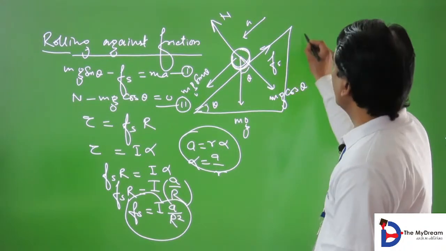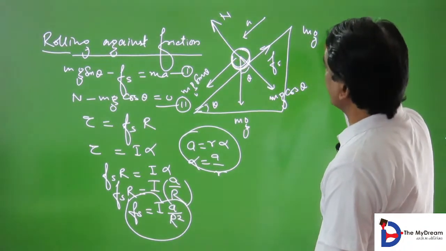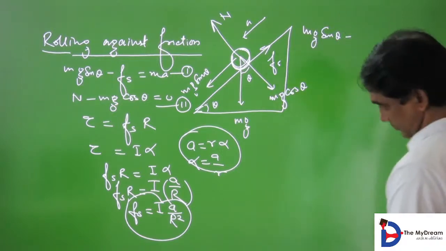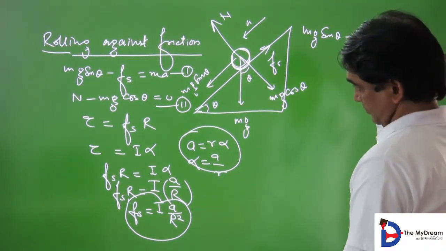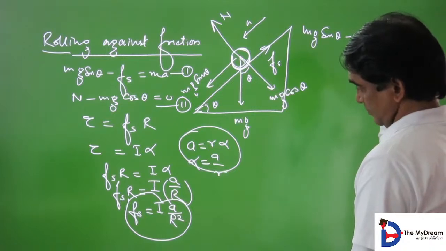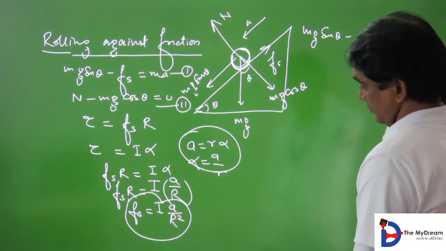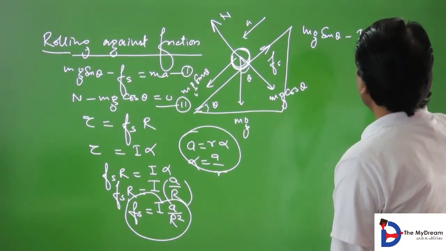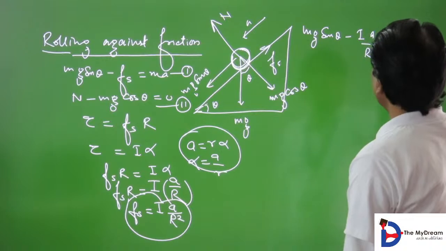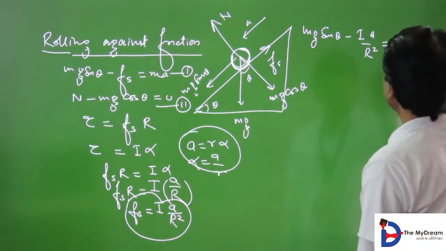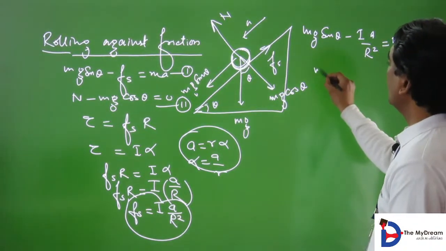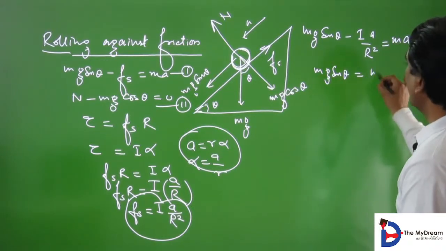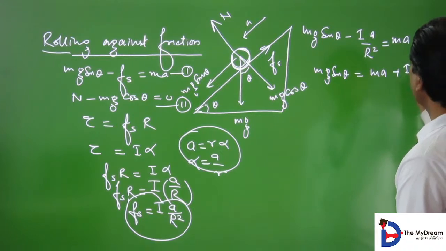So you can put the value here in equation first, that is I a upon R square, which is equal to m a. mg sin theta is equal to m a plus this a.